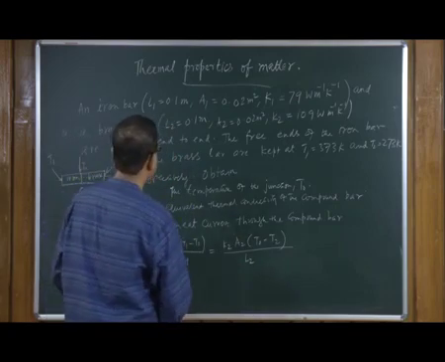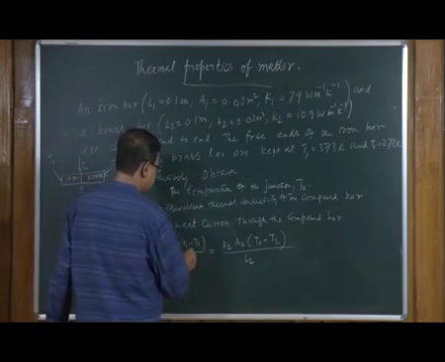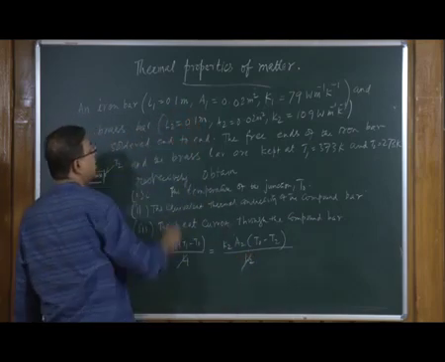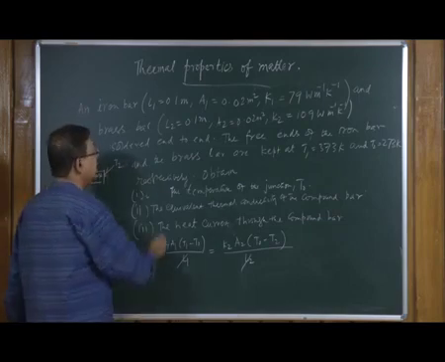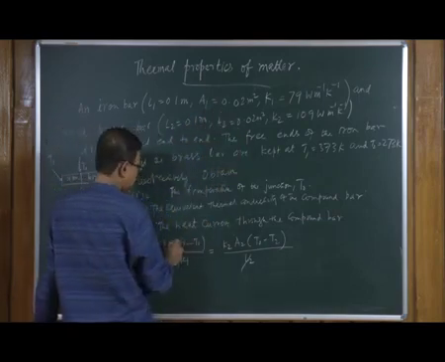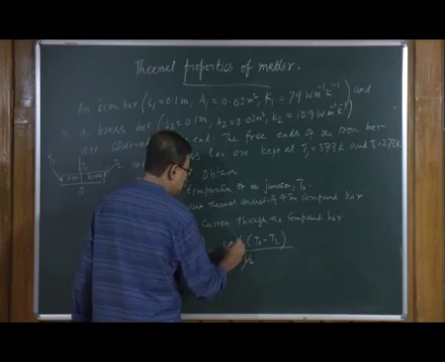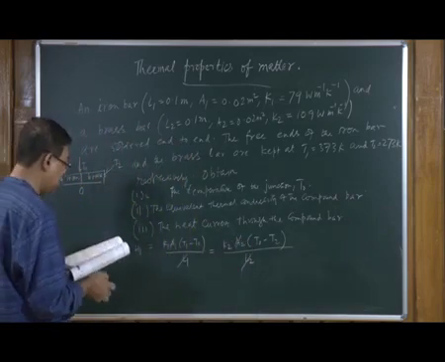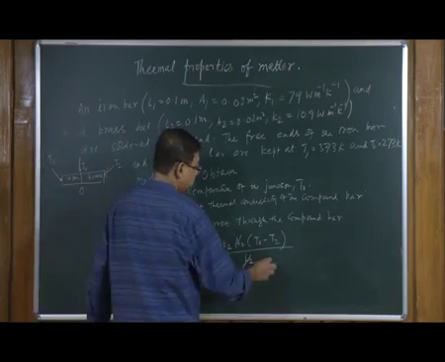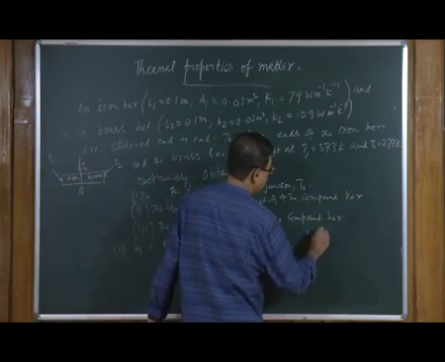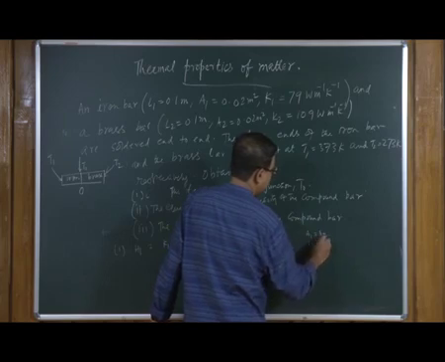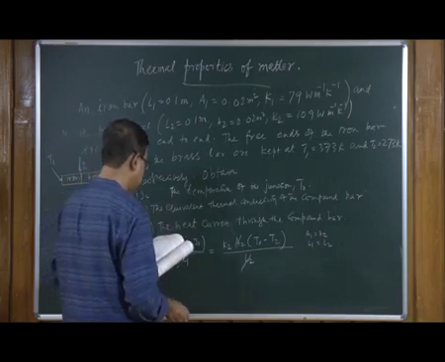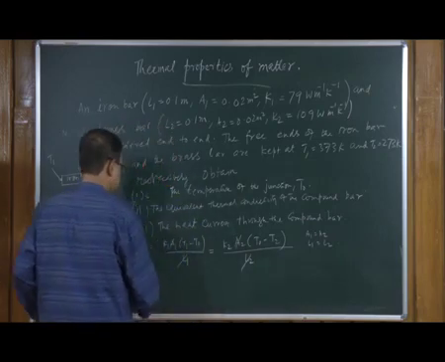Now, if you have a look at it, L1 and L2 are the same, both equal to 0.1 meter, and similarly A1 and A2 are the same, both 0.02 meter square. So, A1 equal to A2 and L1 equal to L2, and we land up with a simple equation which is K1.